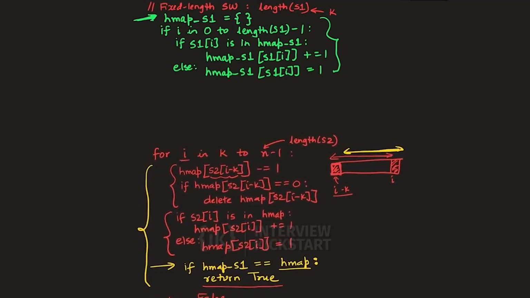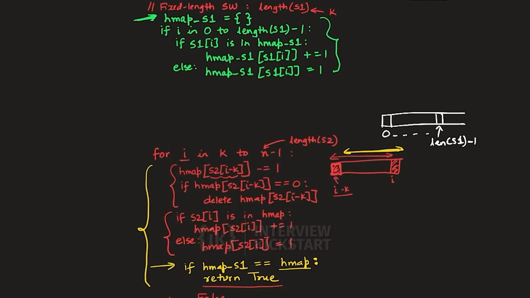Remember that in our initialization phase, we have to look at the leftmost window of our overall problem, and the leftmost window is going to span the indices from 0 to the length of s1 minus 1, right? Or you can say k minus 1, where k is the length of s1.